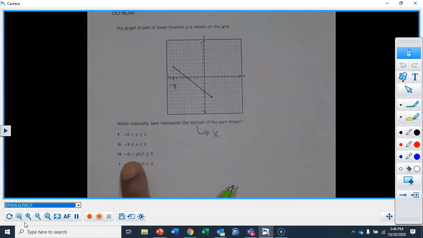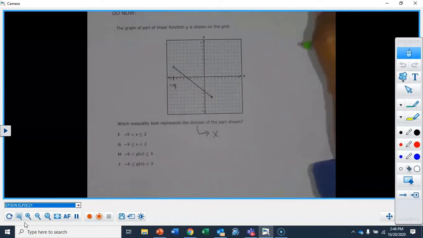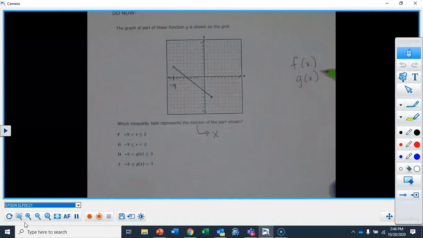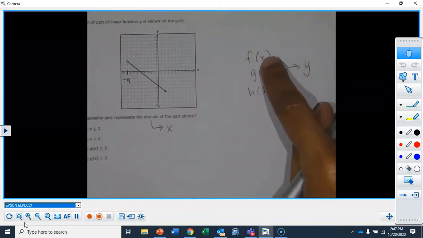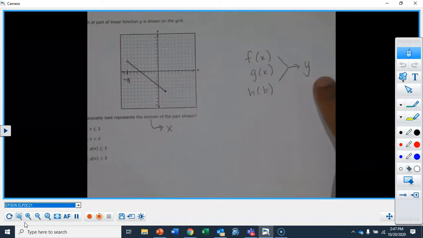The other thing I notice on H and J, you guys, is you see how it says G of x? Remember I've told you if you ever see something like F of x, G of x, doesn't matter, H of x, these are all y values. So anytime you see this notation, replace it with a y, right?